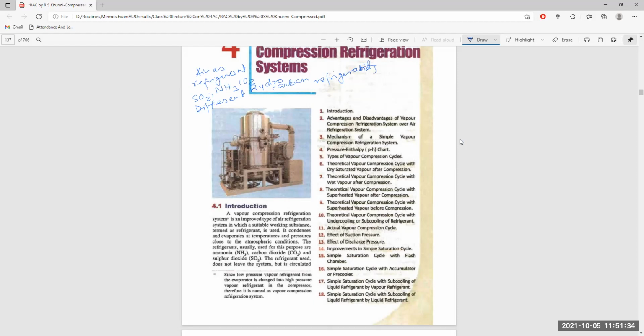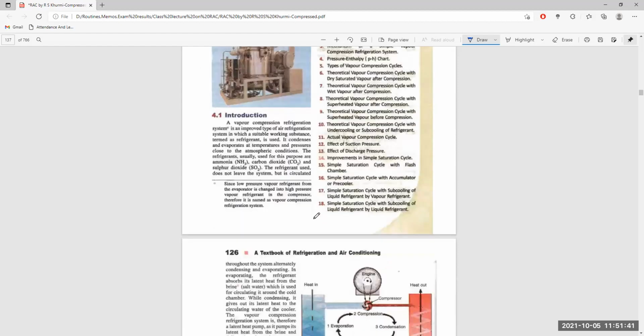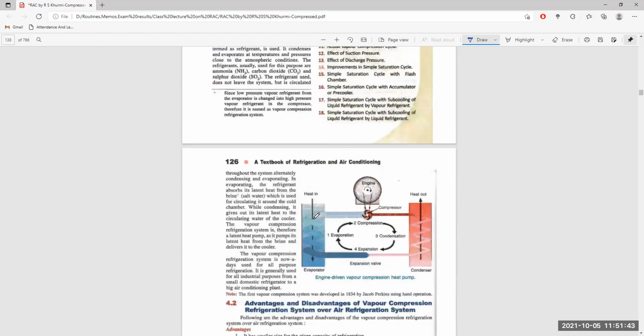Now, actually here, the refrigerant used does not leave the system. It is being circulated throughout the system, alternately evaporating and condensing. In evaporating, the refrigerant absorbs the latent heat. During evaporation, the refrigerant absorbs the latent heat from the brine or salt water, which is circulated around the cold chamber itself.